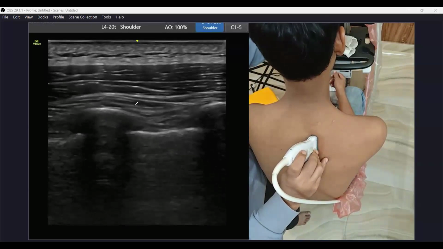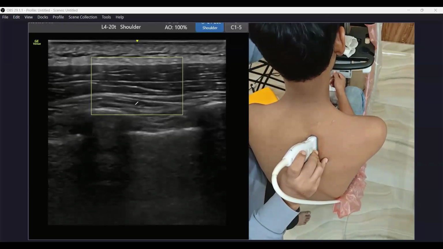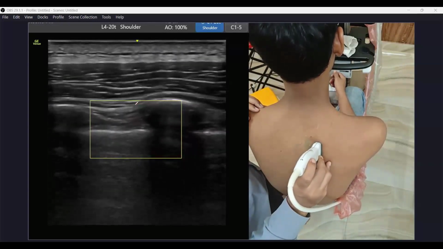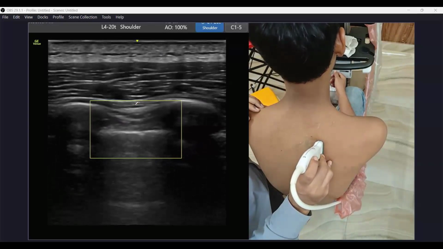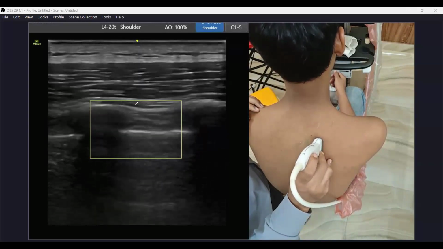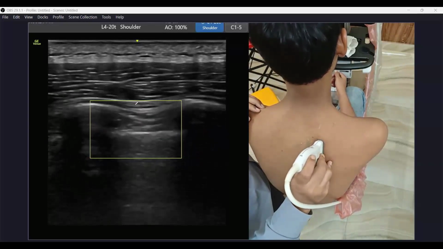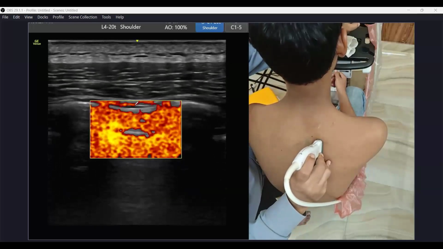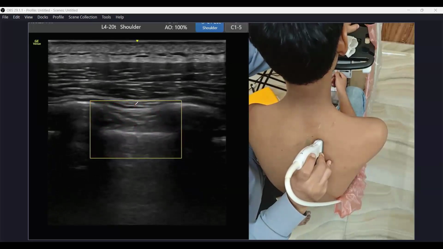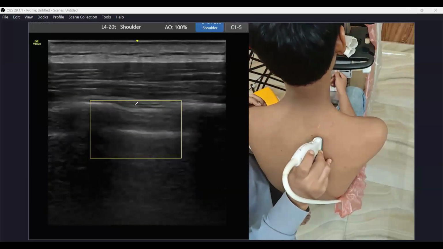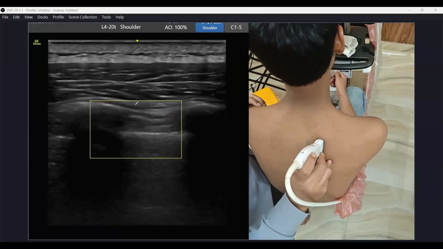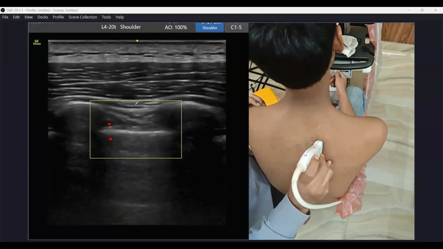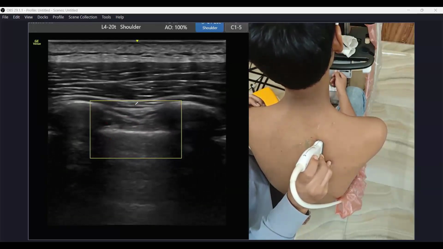If I give PDI here, we can actually directly see the vessel, but it is not taking the color somehow.